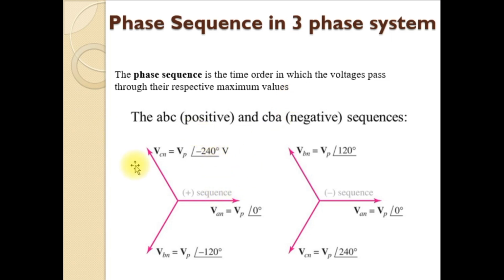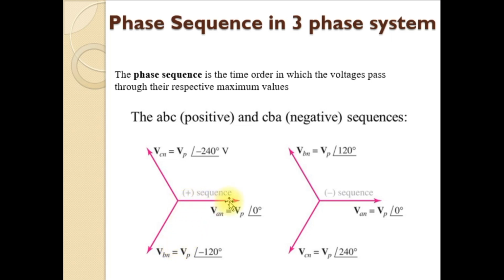Here, the phase sequence in a three-phase system is the time order in which the voltages pass through their respective maximum values. That means if you consider the A phase as a reference, once the A phase has passed through its maximum point, next we have to check which phase is passing through its maximum.